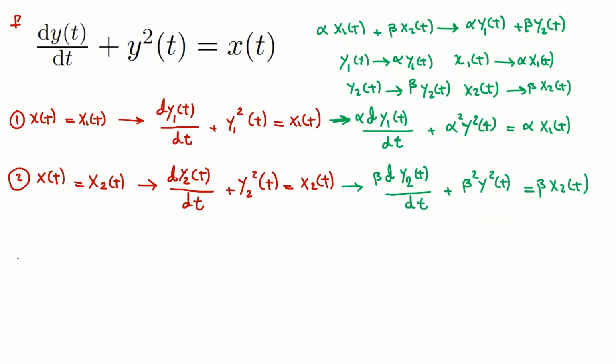Now, in the third step, assume that the input signal is the combination of x1(t) and x2(t).